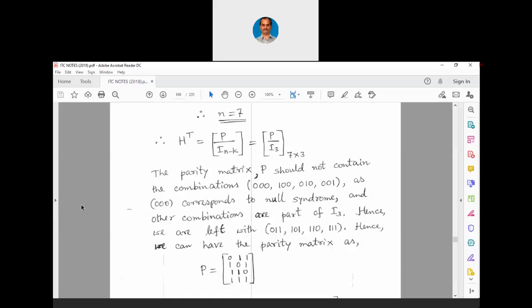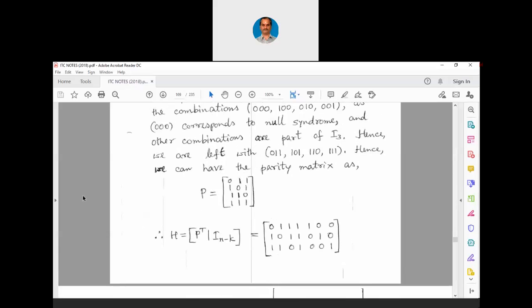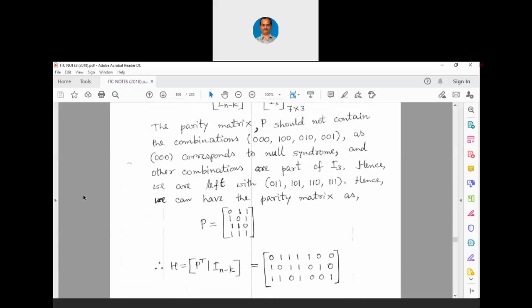So, to proceed, now we can write the Hamming matrix. That H is P transposed along with I n minus k. P transposed we can write as 0 1 1 1, 1 0 1 1, 1 1 0 1.